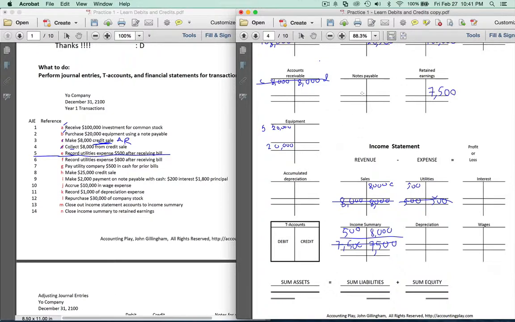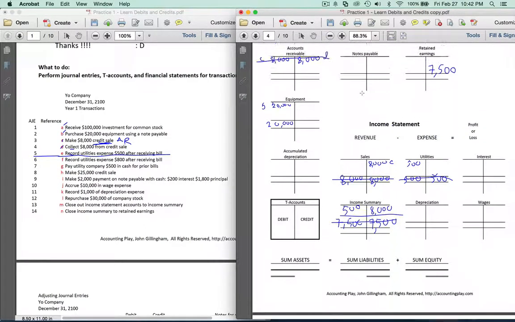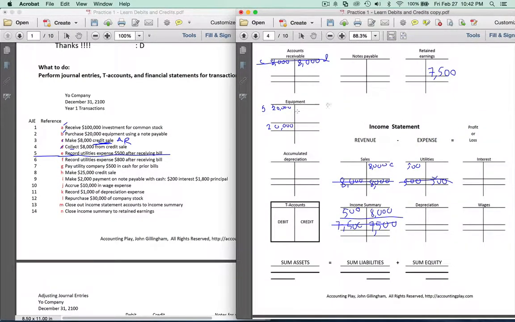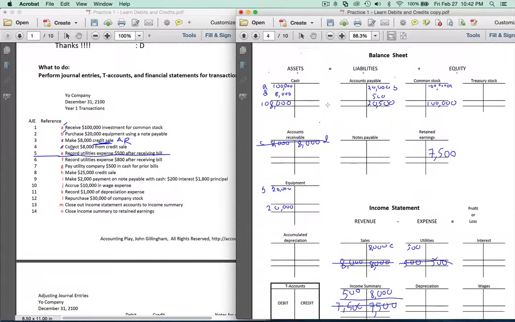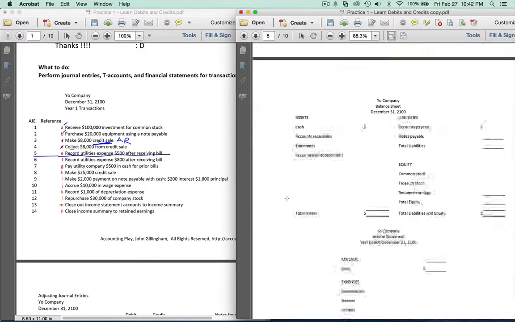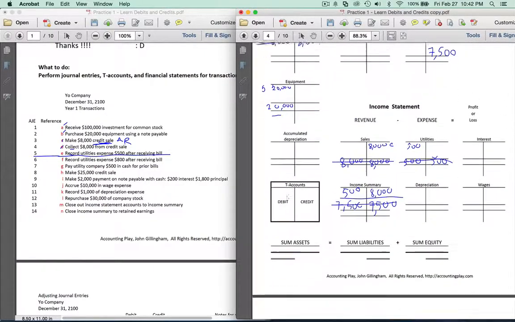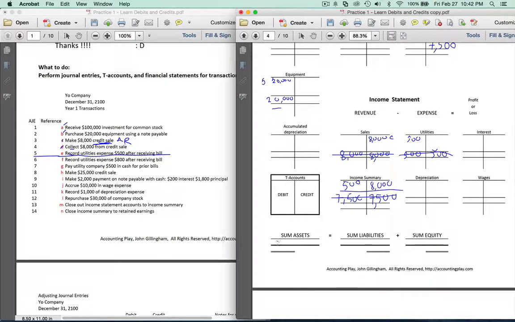Now, from this information, we could come down to the sum of all assets. Sum of all assets, we have equipment for 20,000, cash for 108,000. So 128,000, excuse me, 128,000.